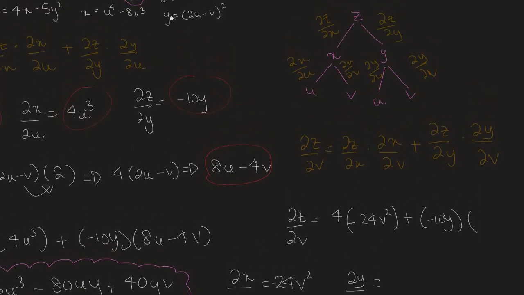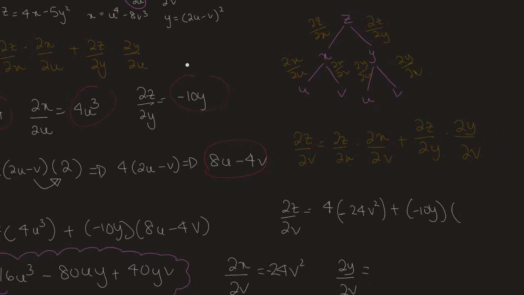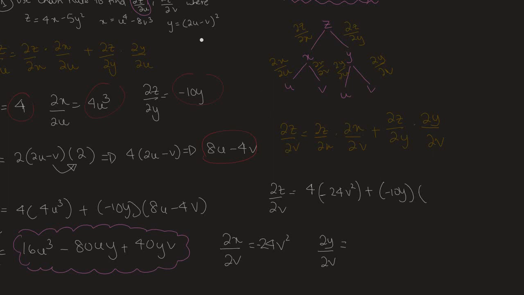So where's y? Y is this one, right? Here we have this, and we're differentiating v only. So again, bring the 2 down, leave the inner function as it is, subtract 1 from the 2, and then multiply by the partial derivative of the inside function. Here we're differentiating v only, so u is a constant, goes to 0, and the derivative of negative v is negative 1.